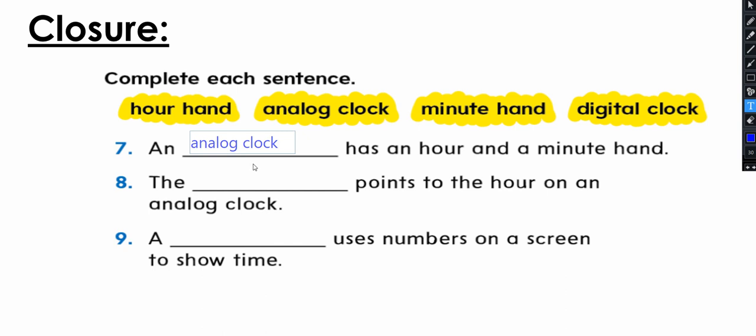The hour hand points to the hour on an analog clock. Easy peasy. A digital clock uses numbers on a screen to show time.